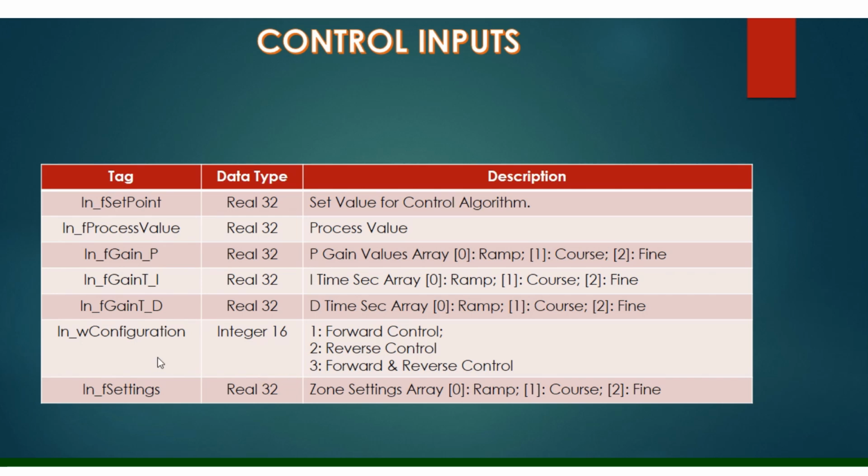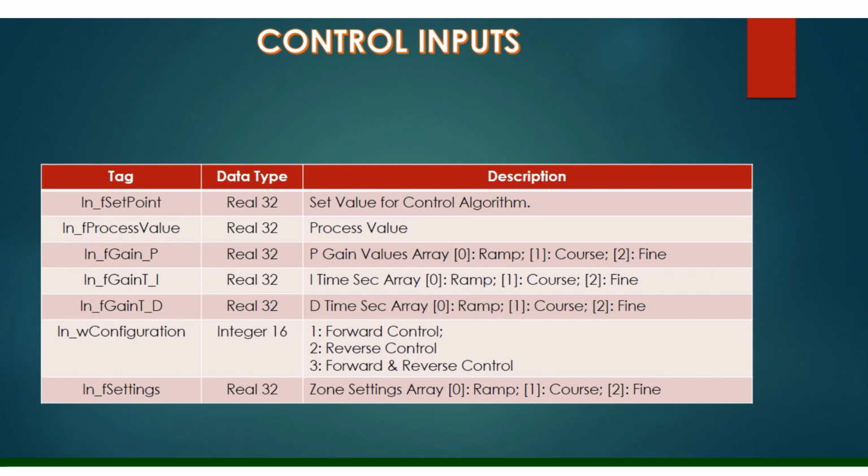When you come to the configuration, now see, if you want a forward control, you have to set the value of this configuration as 1. If you want a reverse control, you have to set this value to 2, and in case of both controls, you have to set it to 3. So this is as per your application.